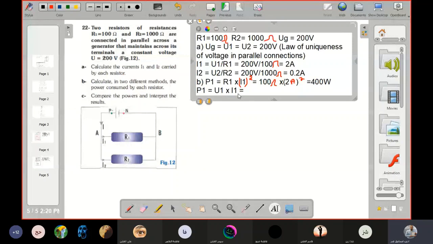U1 is how much? 200 volts times I1, 2 amperes, equals 400 watts. Two different forms, as in part B.